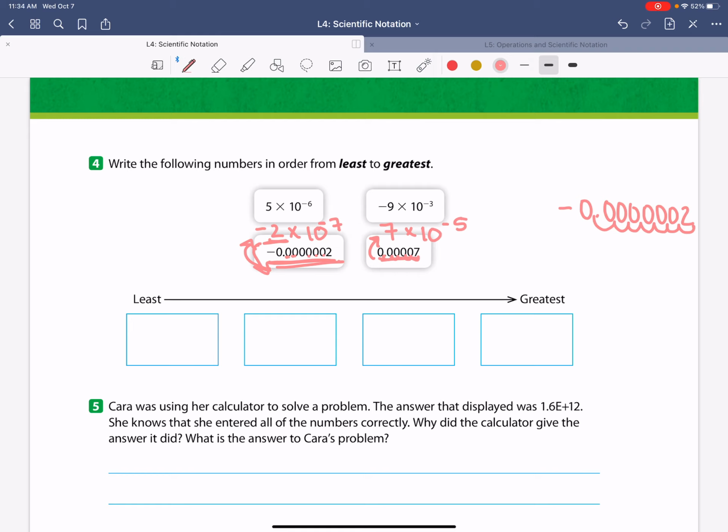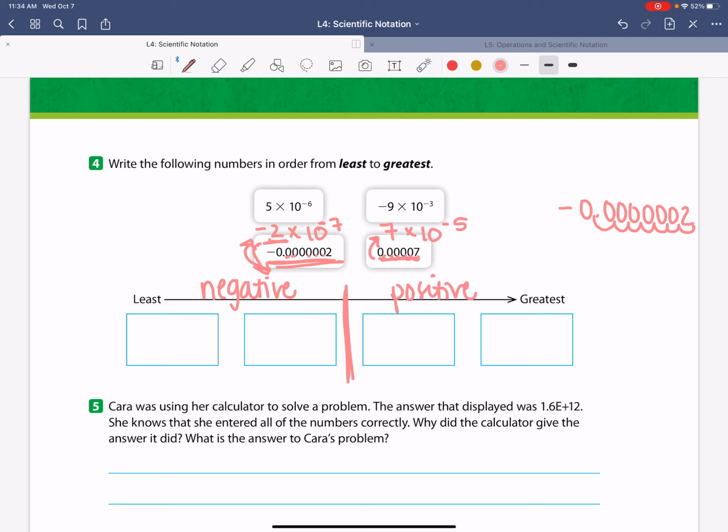All right, so then I can go ahead and put these in order. So I'd have my negative numbers, which I know should definitely be on this side. I have 2 negatives and 2 positives. Negatives are definitely going to be smaller than positives, so I'd have my negative numbers over here and my positive numbers to the right.